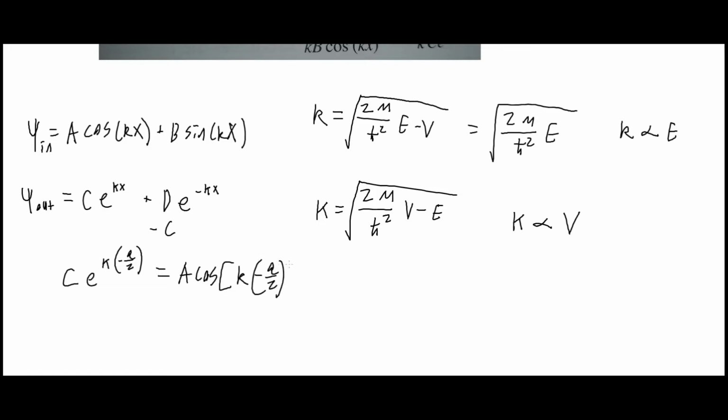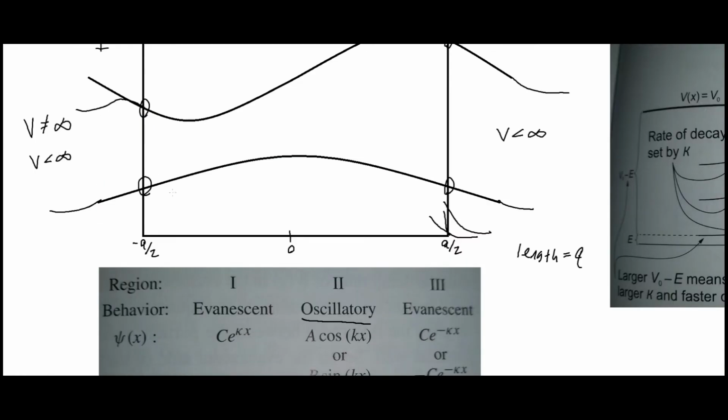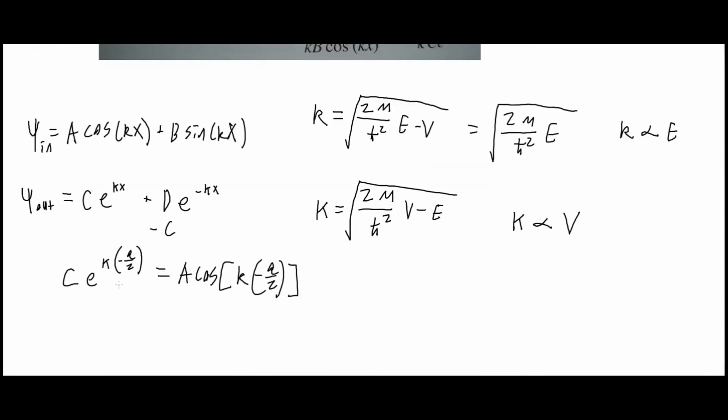This is saying that on the left side, at the instantaneous point where we go from no potential to some finite potential, these should be equal. We could say the same thing for the right side, where we have positive a over 2.